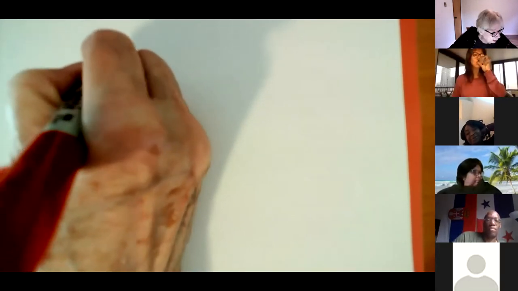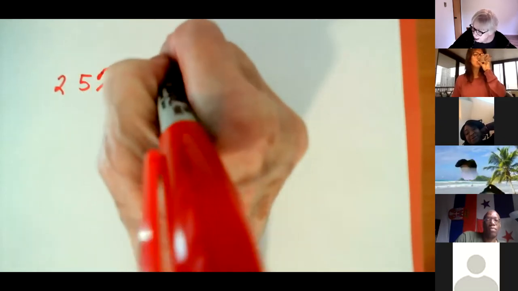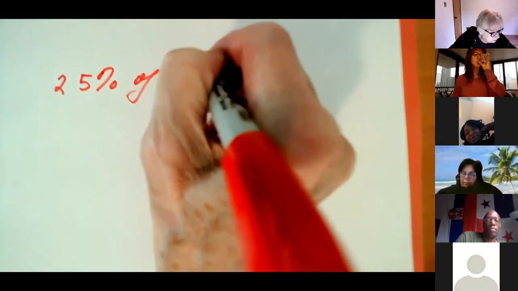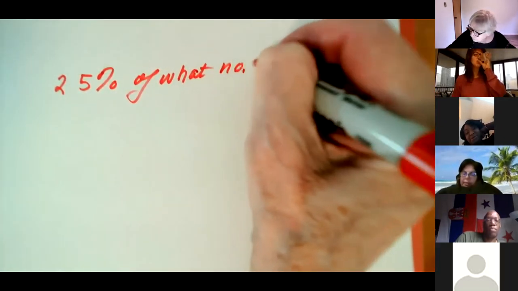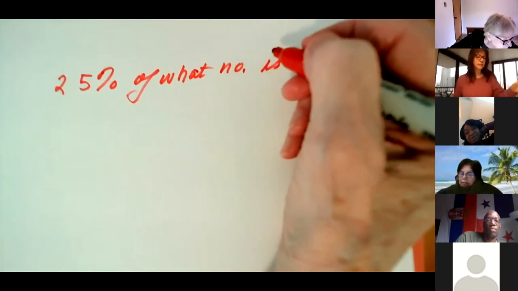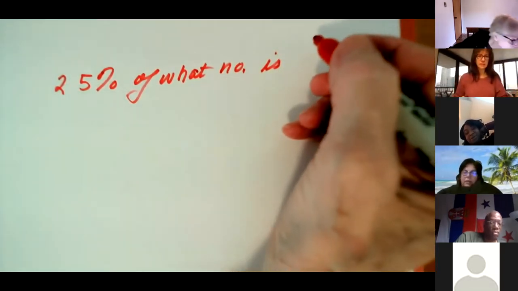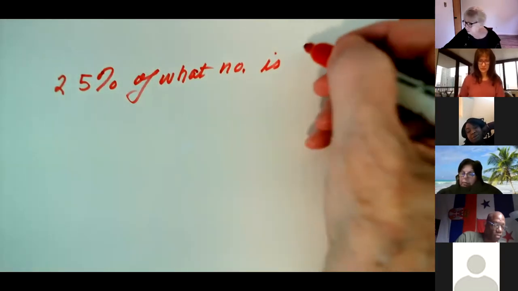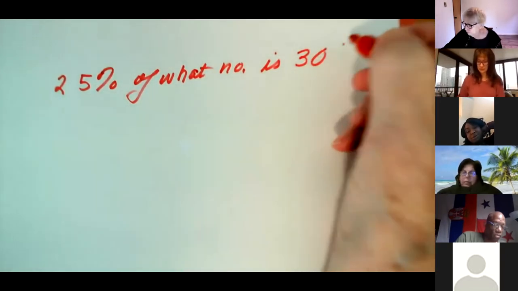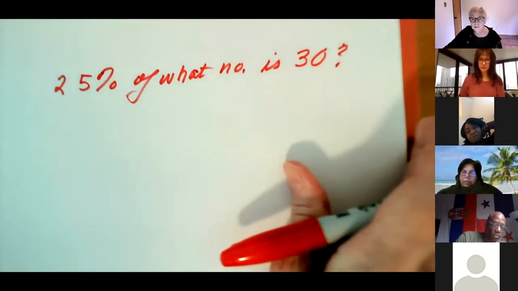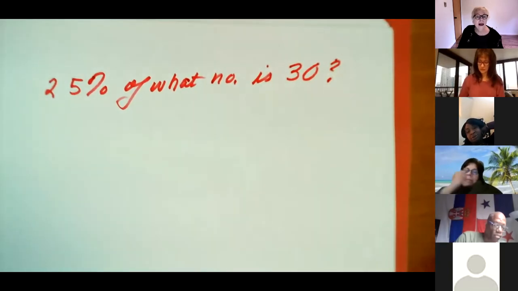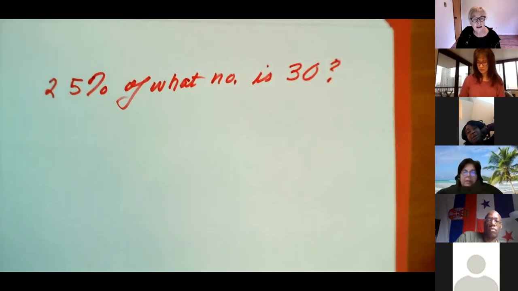And it doesn't matter how they write it. They could write it all kinds of ways, but it won't matter because the way you go after it will be the same.